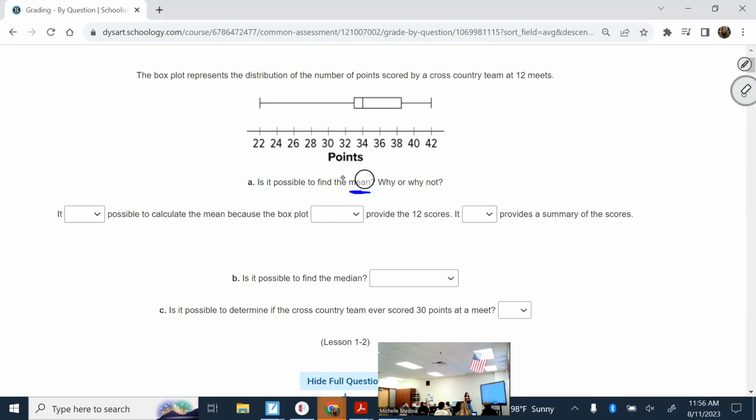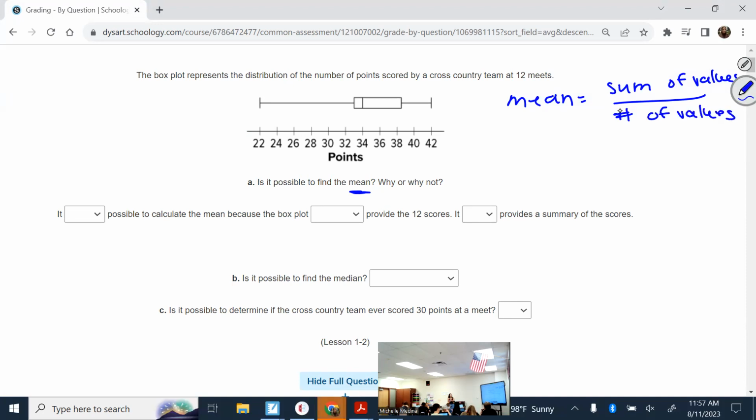Add all the numbers, so the sum of values, and then you do what with that? By the number of values.